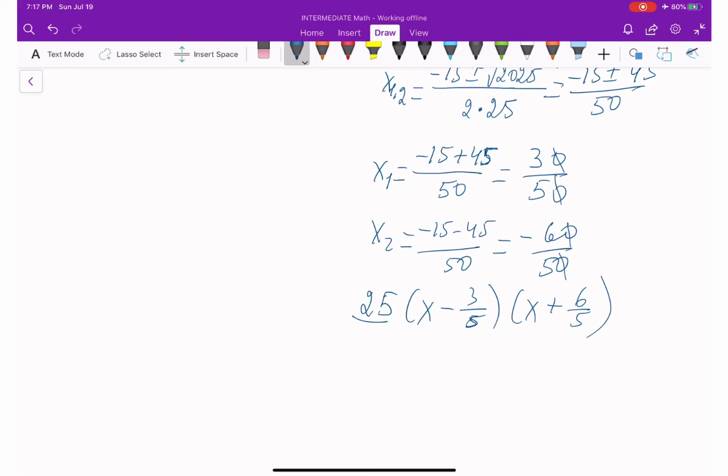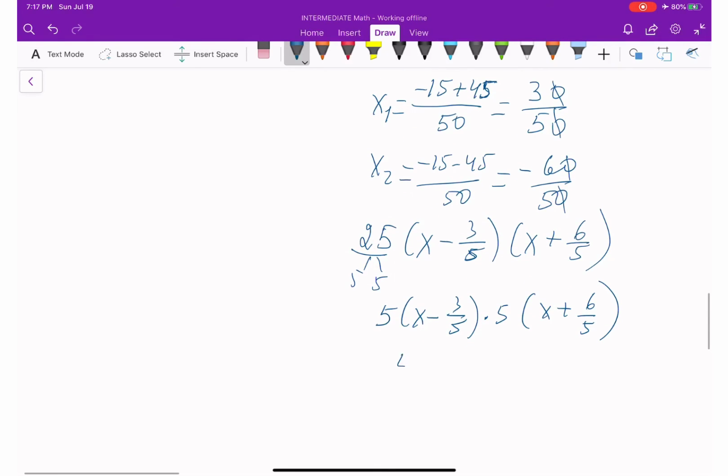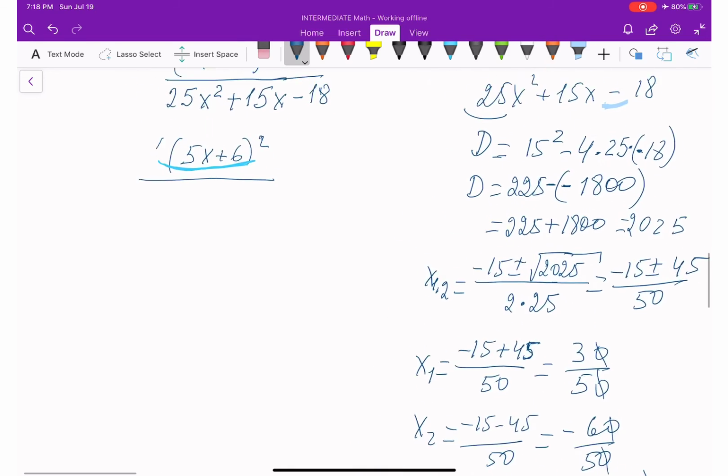Both of them have 5, and 25 is 5 times 5, so I'm going to write 5 times x minus 3 over 5, because I want to get rid of this fraction. Therefore, I'm splitting 25 into 5 and 5, and x plus 6 over 5. And I'm going to get 5x minus 3 and 5x plus 6. Okay, we got it. So let me bring it here finally.